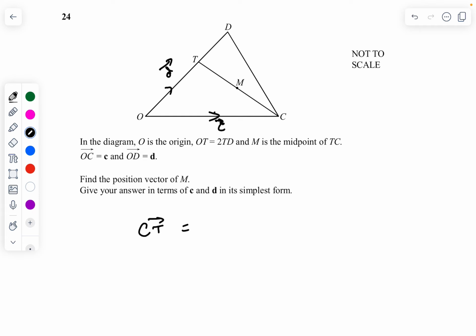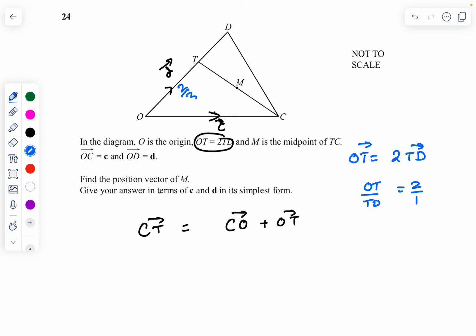How do I get CT? I go C to O, then O to T. But what is given over here? First of all, OT equals 2 times TD. So OT by TD is a 2:1 ratio.